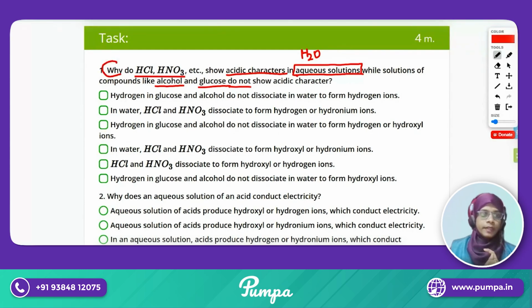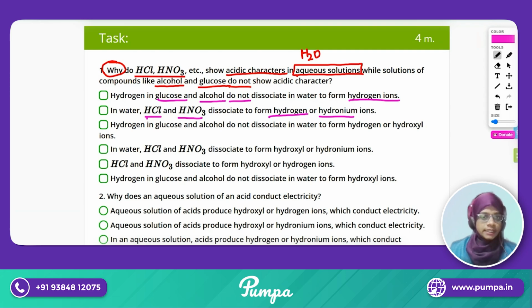So you have to explain why. The options are: hydrogen in glucose and alcohol do not dissociate in water to form hydrogen ions. Another option: in water, HCl and HNO3 dissociate to form hydrogen or hydronium ions.